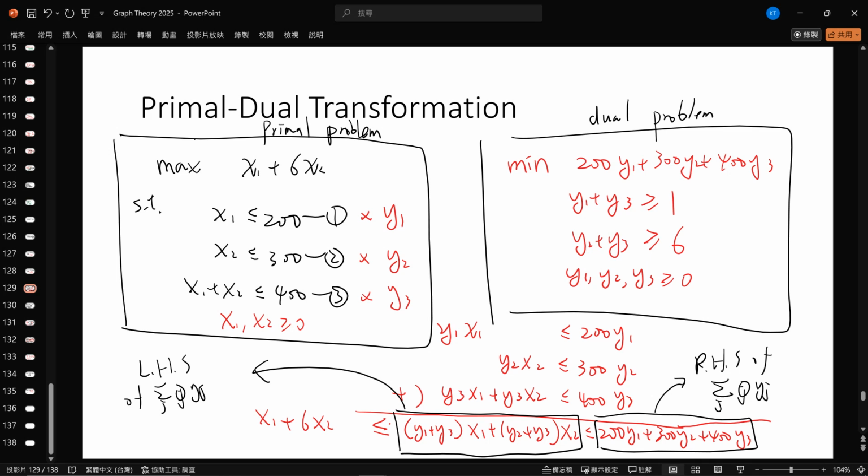All of these signs are less than or equal, and we don't want to change them to greater than or equal. So we have to make sure that all the variables are non-negative, greater than or equal to 0. This is the corresponding dual problem for this primal problem.